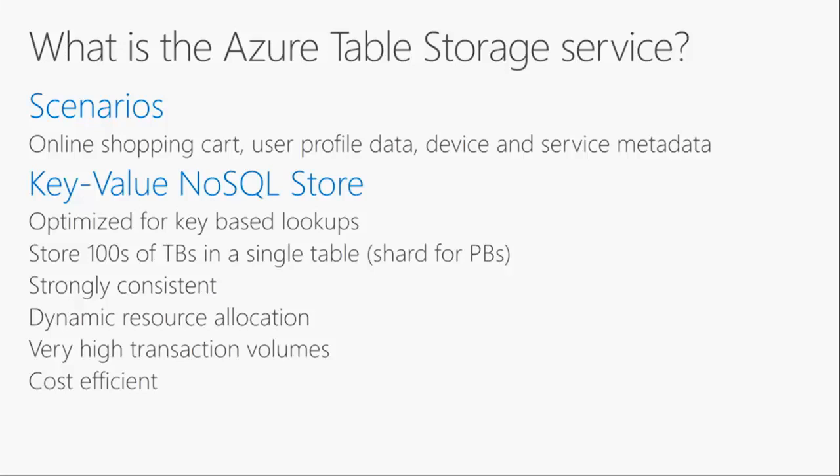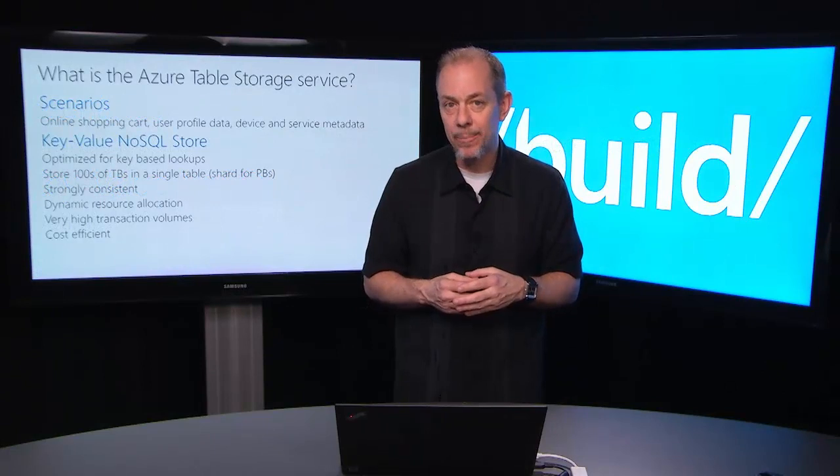We are a key value store, so we're optimized for key-based lookups, and we can store hundreds of terabytes of data, even petabytes of data if you so choose to shard across multiple storage accounts. We're strongly consistent, meaning that for every write, we guarantee at least 3 copies of your data will be written to disk.